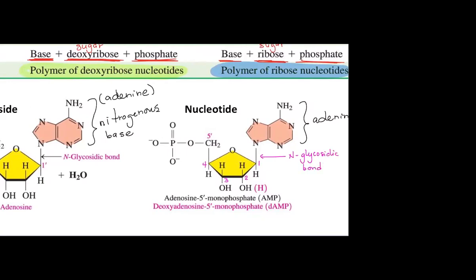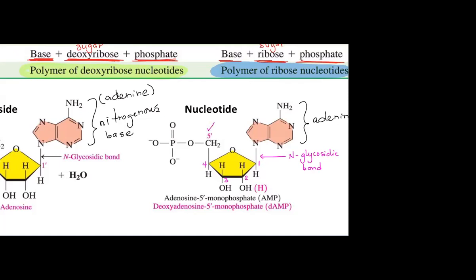It is called an N-glycosidic bond because a nitrogen in my nitrogen base is bonded to the sugar. That's where the word glycosidic comes from. Now, we can see just by looking at the structure that the sugar is bonded to the phosphate. Where specifically?